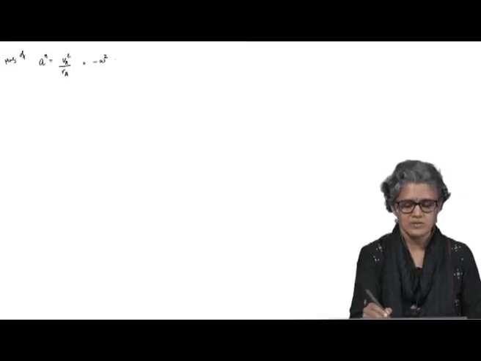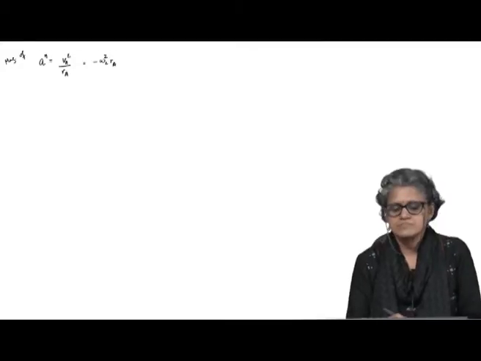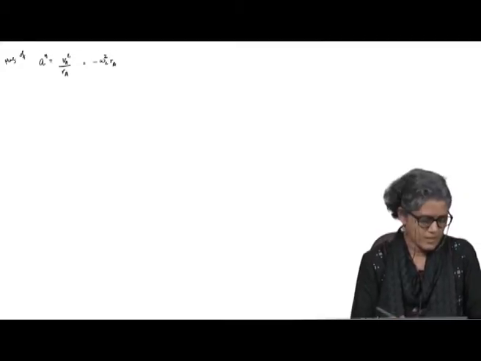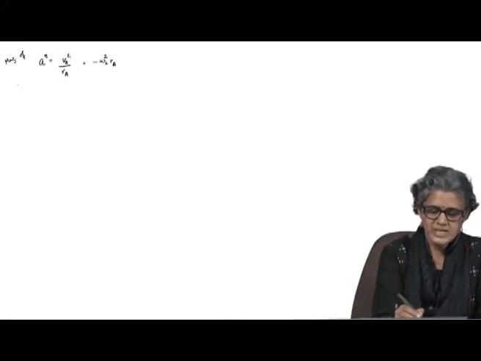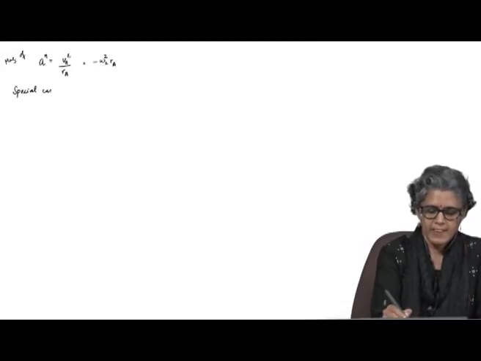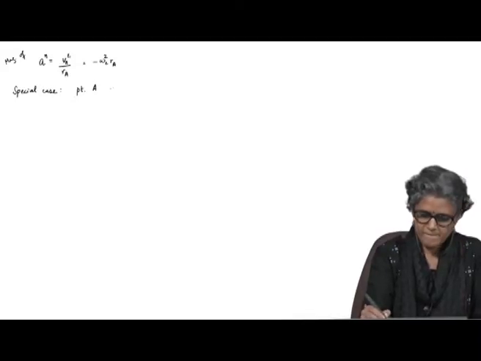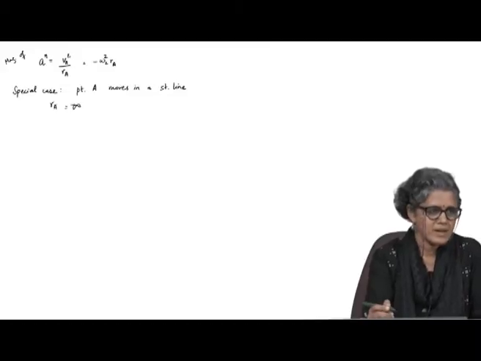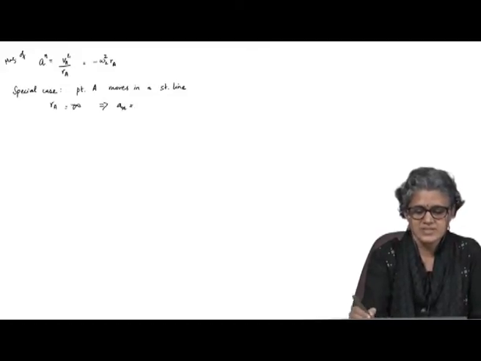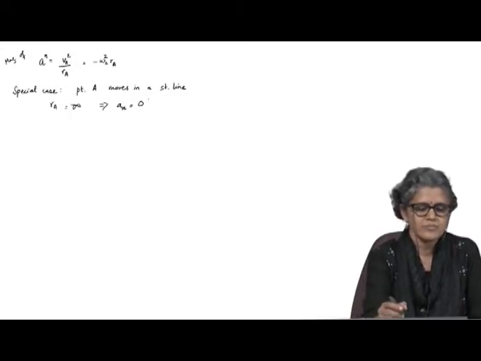The other equivalent form for the normal component is, in magnitude, V_A squared by R_A, which is also equal to minus omega_2 squared R_A. Now the special case when point A moves in a straight line: what is R_A? R_A is infinite, which implies the normal acceleration is 0 from here.